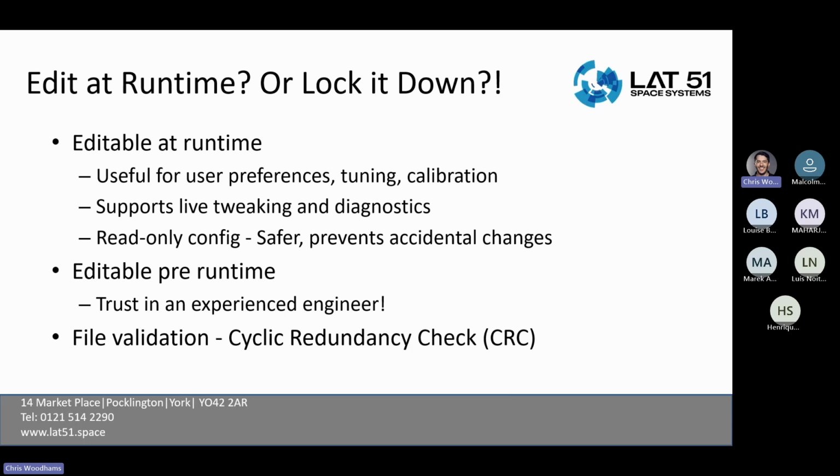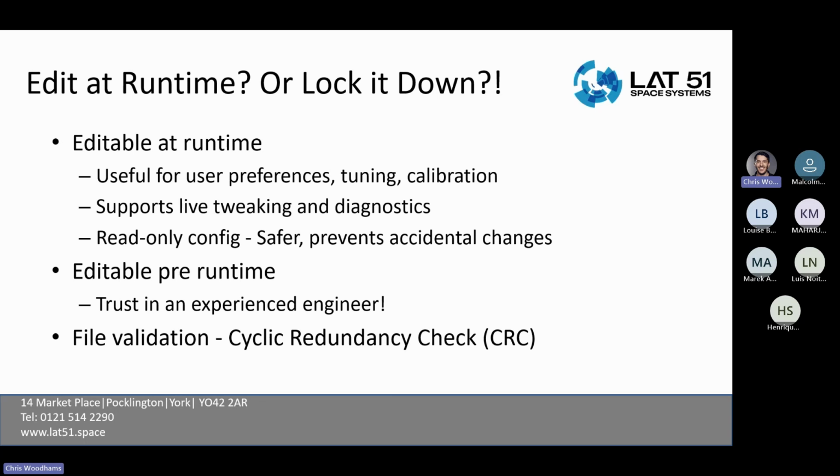But like I said, validation has to be done there. And I just wanted to come on to one point here. I used to work for Rolls-Royce, so I know a little bit about what used to be done, and this was something that was really well done around the calibration data. A cyclic redundancy check basically allows you to check whether the data in the file has changed since it was last modified.